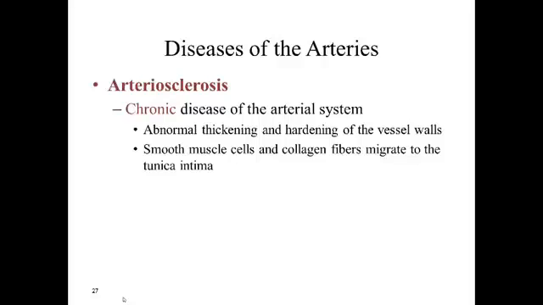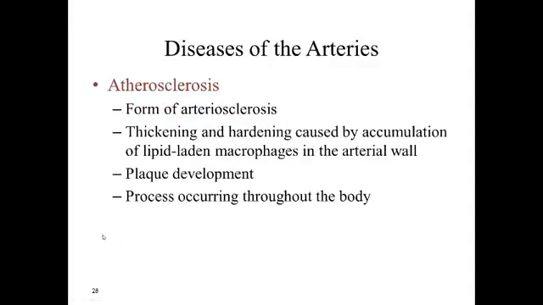The smooth muscle cells and the collagen fibers migrate to the tunica intima. And then we have atherosclerosis, which is a form of arteriosclerosis, which is thickening and hardening of the vessel caused by an accumulation of lipid-laden or fat-laden macrophages within the arterial wall. This leads to the formation of what we call plaque.